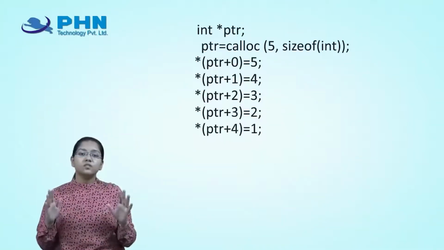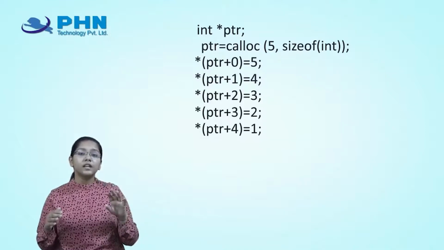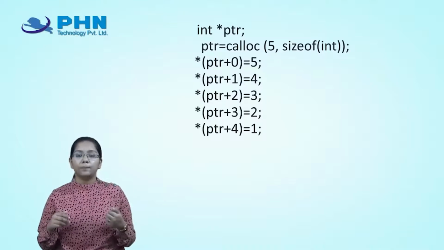Okay, so this was the concept of your malloc, and the reverse is your calloc. Now comes the scenario of calloc. The process is one and the same. If I have declared a PTR, the calloc syntax is number of elements into the size of your data type.